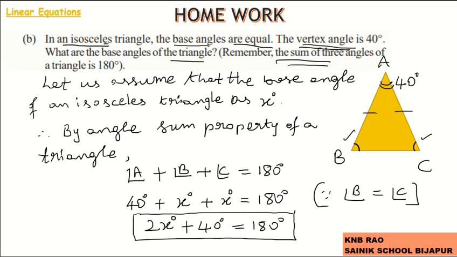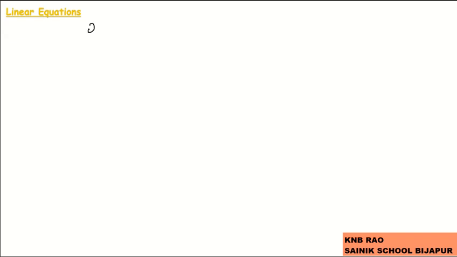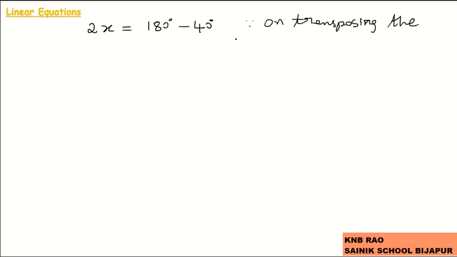Now, taking further, 2x equals to 180 degrees minus 40 degrees, since on transposing the addend, what is that addend? 40 degrees from LHS to RHS.